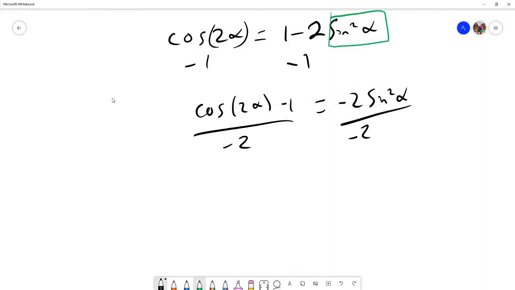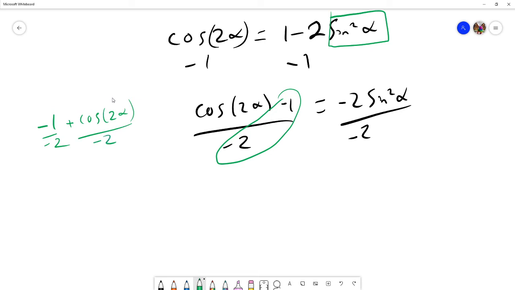And this negative 1 and this negative 2 is going to become, I'm going to cancel out the negative. Okay. So just to be clear, off to the side, we have a negative 1 plus cosine of 2 alpha. So we could think of it like this here if you want.